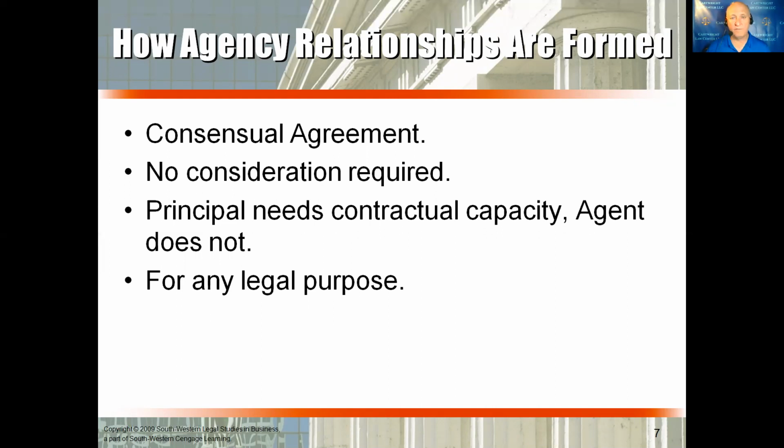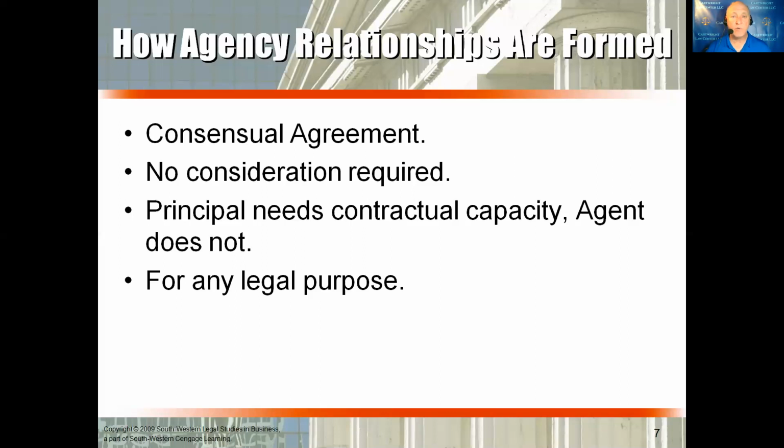In theory, it won't happen much, but you could have a situation where you have a normal, regular principal who has capacity, perfectly fine, mentally competent, of age, etc., and they have a 14-year-old acting as their agent, maybe lacking capacity, who can still enter into a contract that's not voidable.